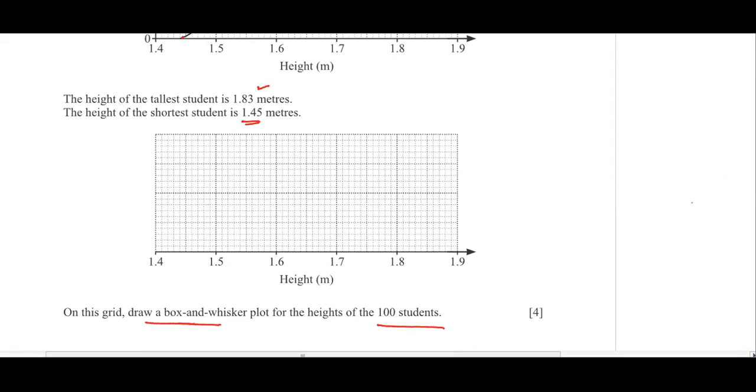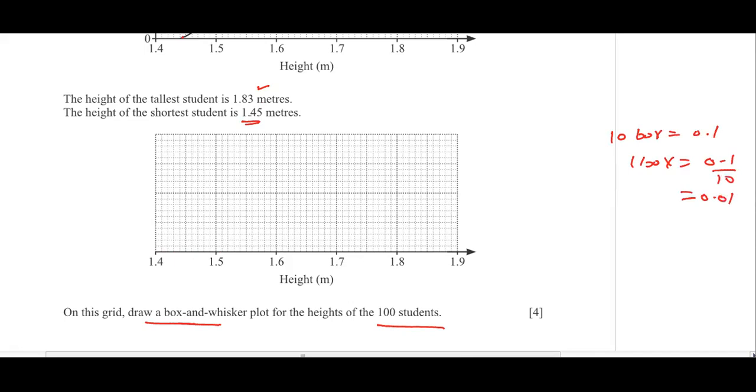Okay, for the box and whisker plot, you need the tallest, which is 1.83. Between 1.4 and 1.5, the total number of boxes is 10. It means the 10 boxes make 0.1, so one box is equal to 0.1 divided by 10, which is 0.01.